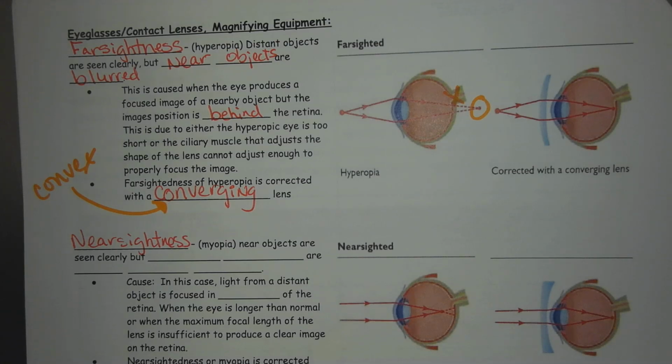The retina can detect the image. When the image is produced on the retina, it is inverted, upside down. By the time it goes from upside down and touches your nerve in the back of your brain, which is that retina, it takes it to your brain and your brain flips it right side up. Okay, so now you have these glasses, you're able to see.